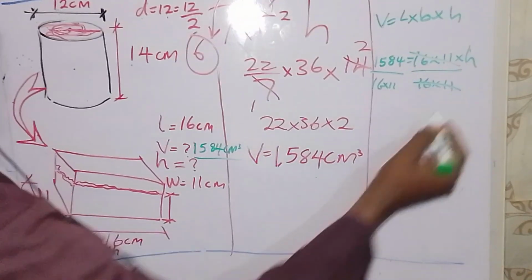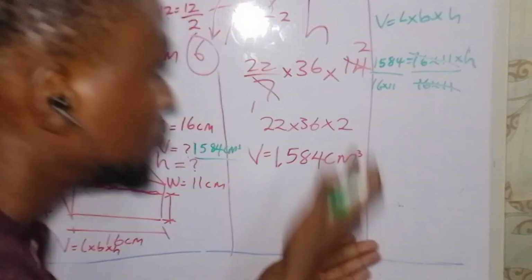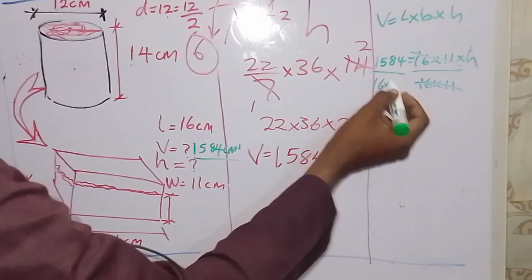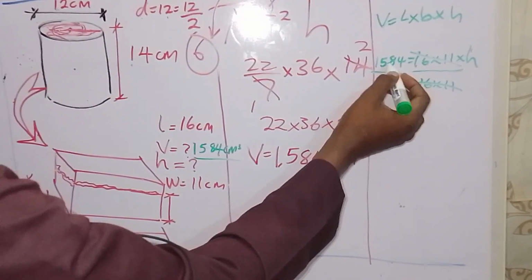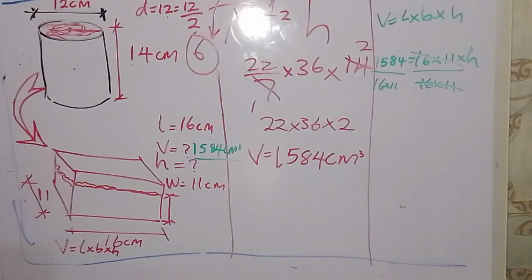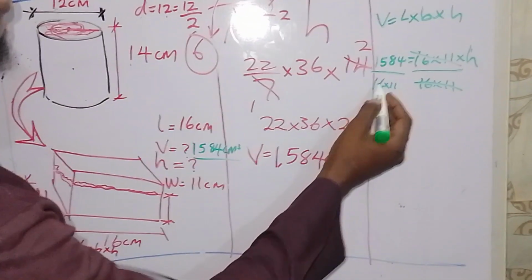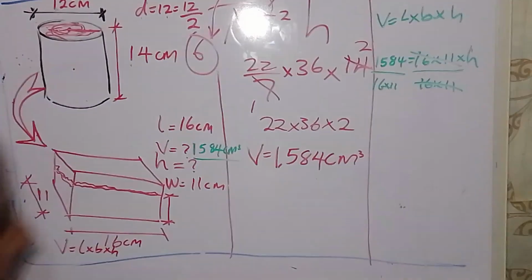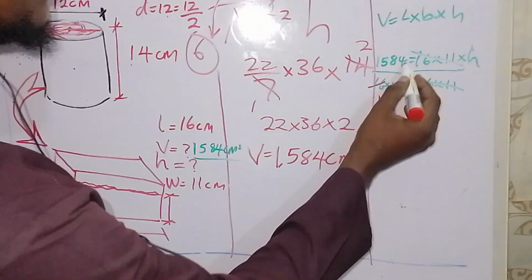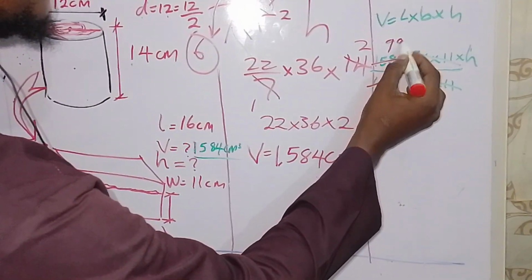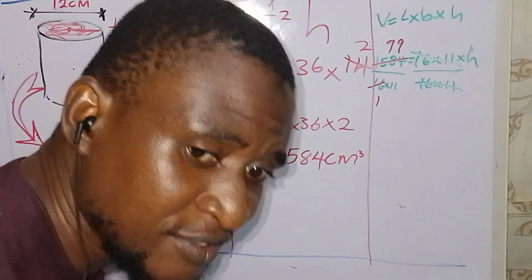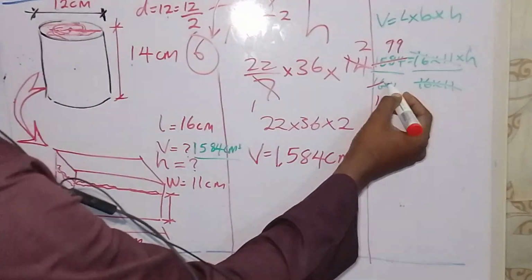This cancels this. When you cancel 16 in 1,584, this gives us 99. Then 11 in 99 is 9.